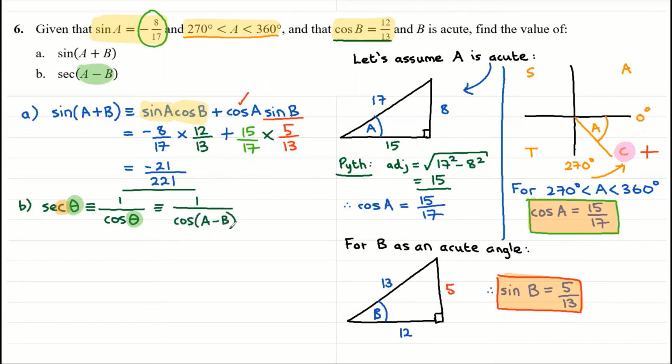Now, we have to write out the identity for A subtract B, which we're going to do. So this is going to be 1 over, and this is a result we found earlier, wasn't it? If we take that, that's going to be the cosine of A multiplied by the cosine of B added to, just remember the signs are opposite for the cosine.